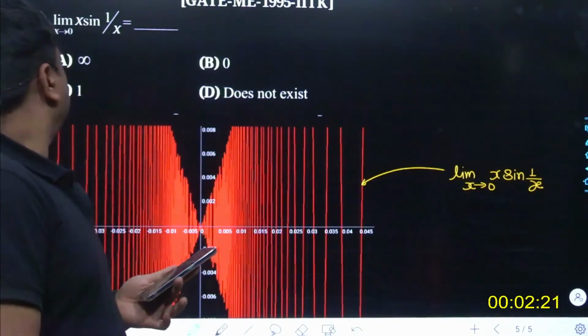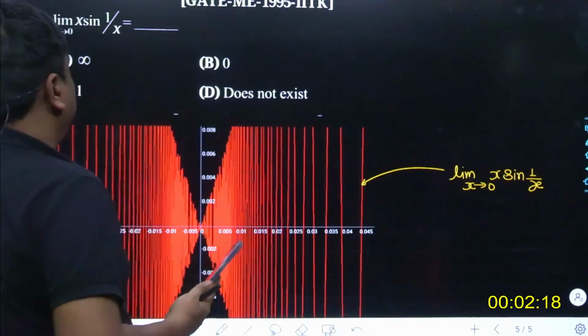I want the input from each one of you. The options are infinity, 1, 0, and does not exist.